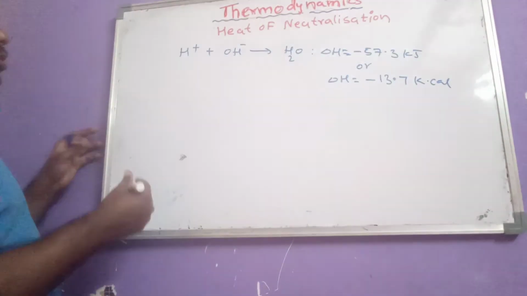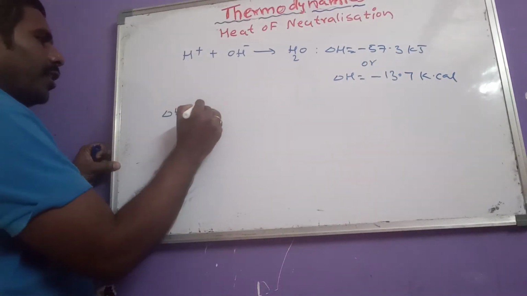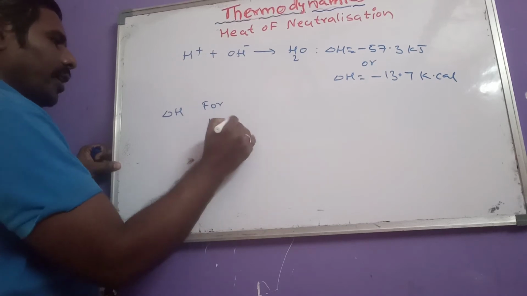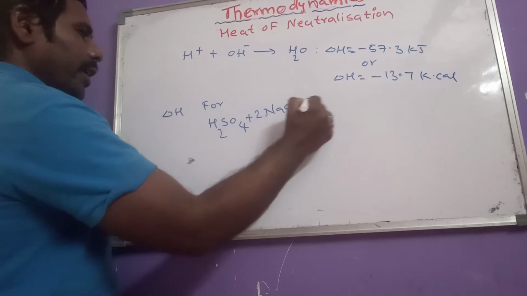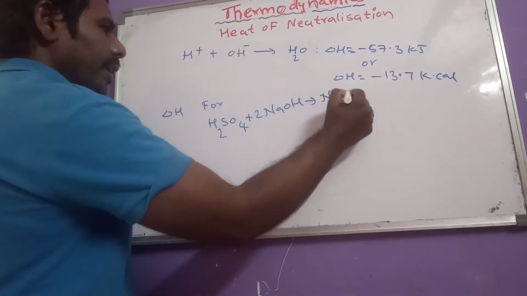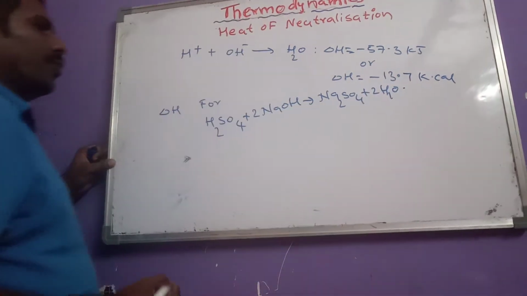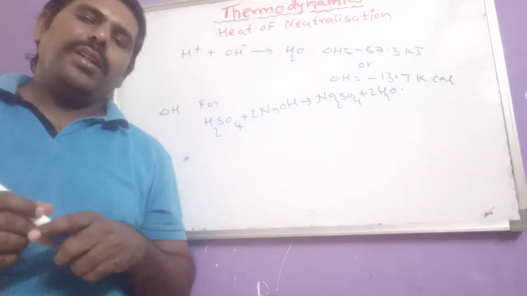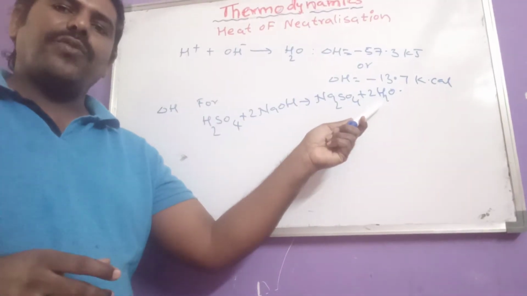Now the first question: what is the delta H value for the reaction H2SO4 plus 2NaOH gives Na2SO4 plus 2H2O, in kilojoules? Now what we have to observe here is that 2 moles of water are formed.